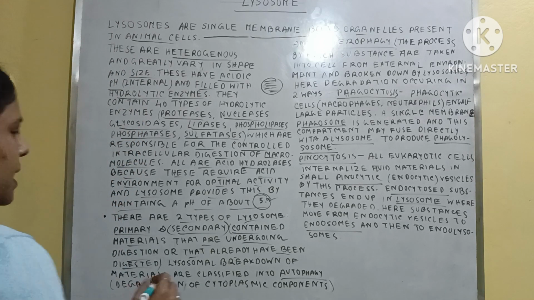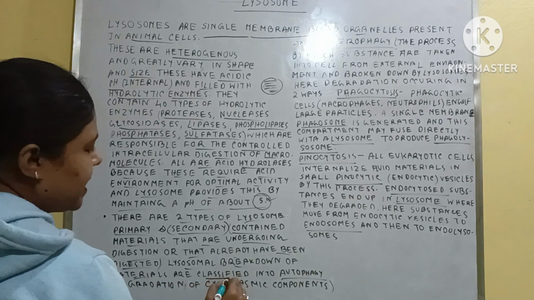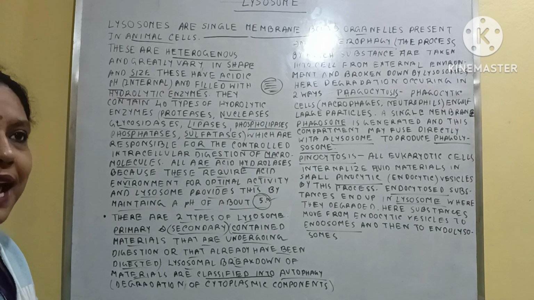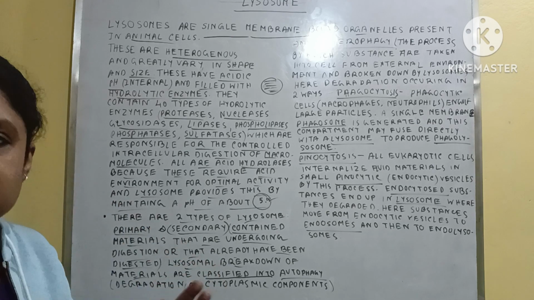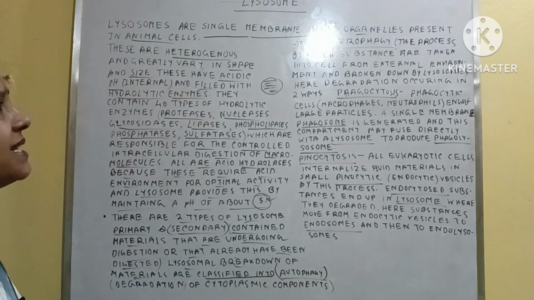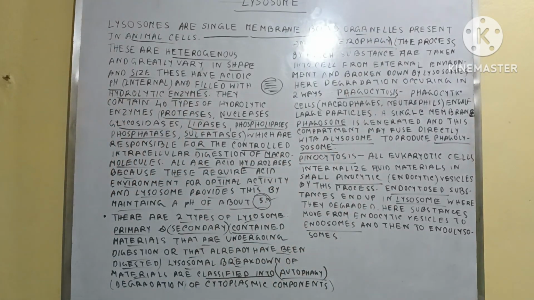Lysosomal breakdown of materials is classified into two pathways, or you can say two types of breakdown are seen. One is autophagy and another is heterophagy. What is autophagy?